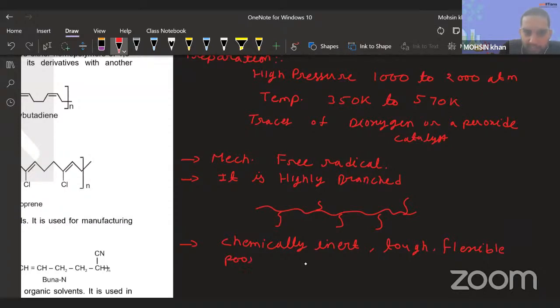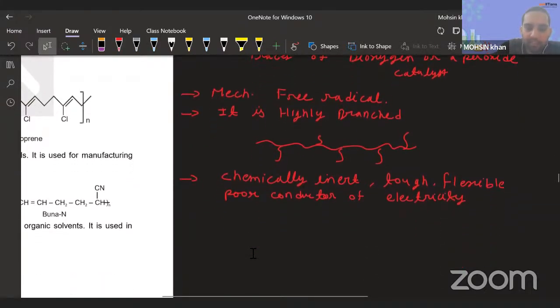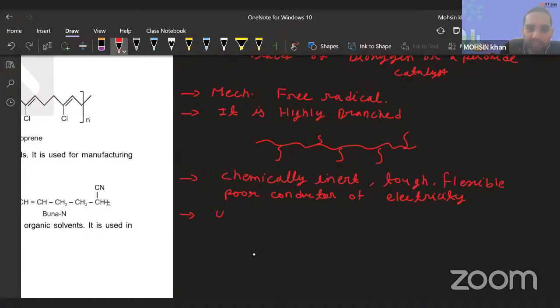Poor conductor of electricity. So if we talk about the uses, it is used in the insulation of electrical wires, and it is also used in the manufacture of squeeze bottles, toys, and flexible pipes.